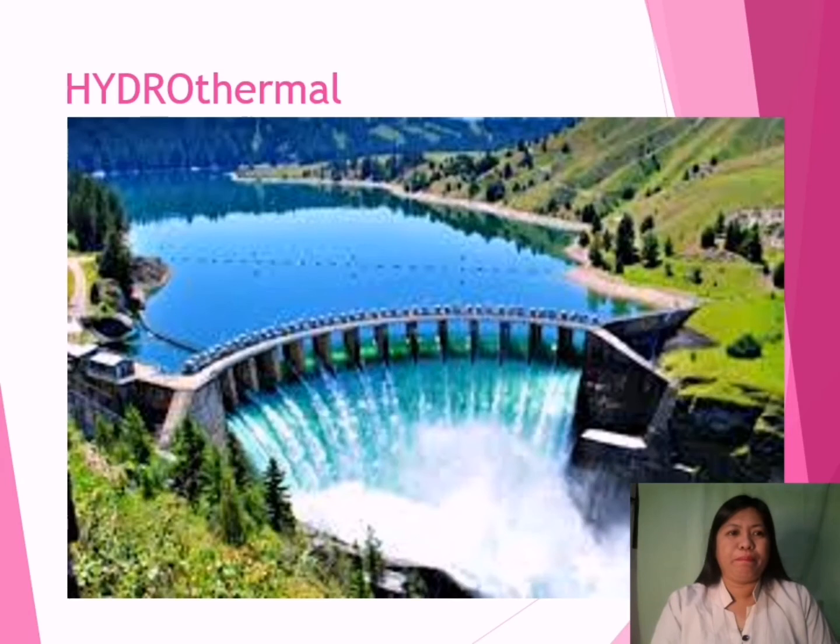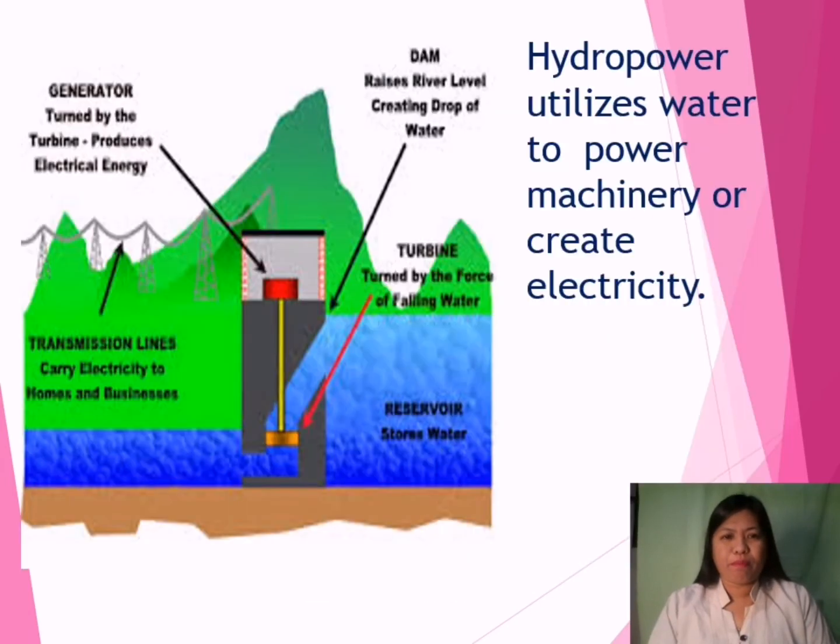Hydropower utilizes water to power machinery or create electricity. The generator turned by the turbine produces electrical energy. The dam raises the river level, creating a drop of water. Then the turbine is turned by the force of falling water.